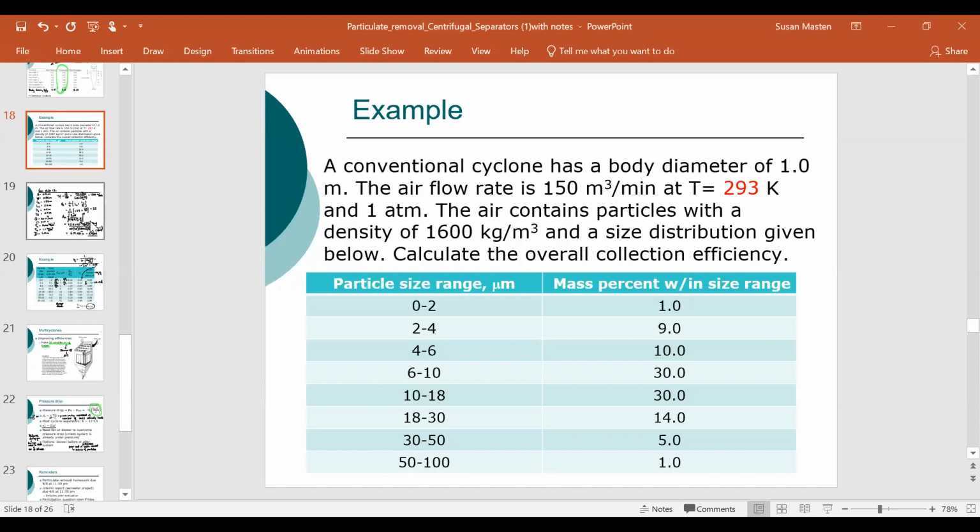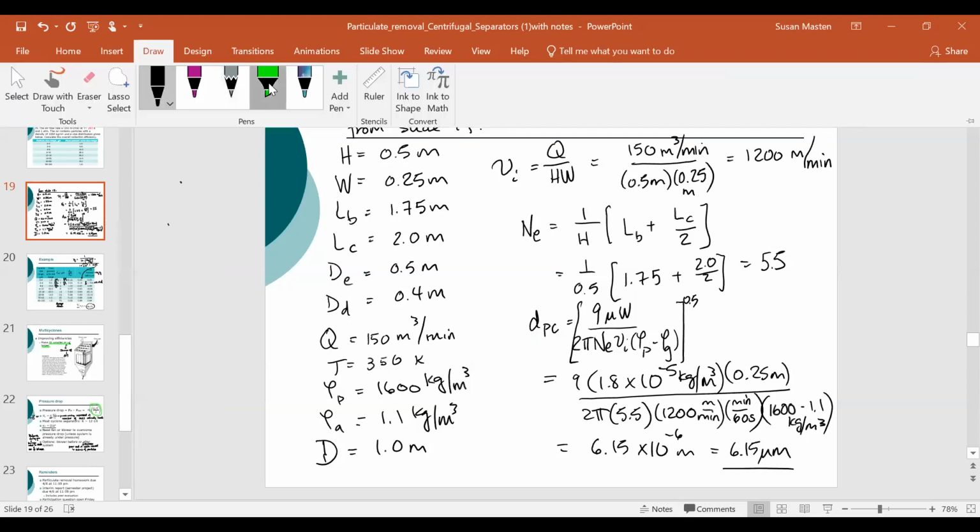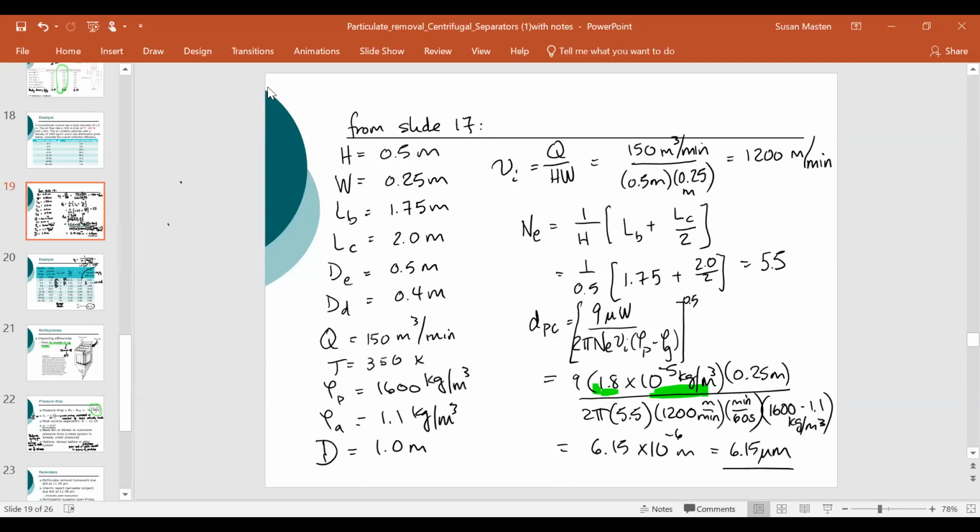Had it been 350, then that would have meant that the viscosity and the density would have changed.